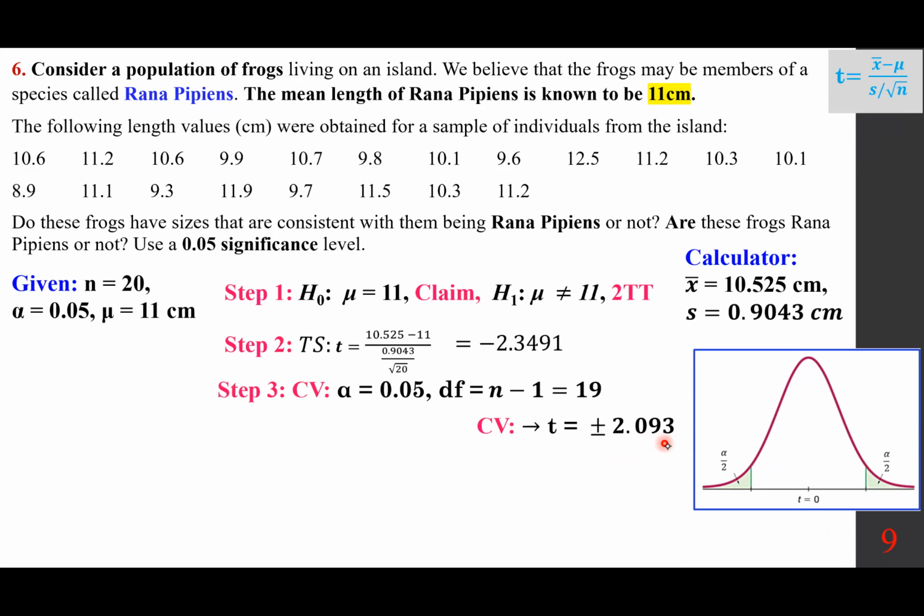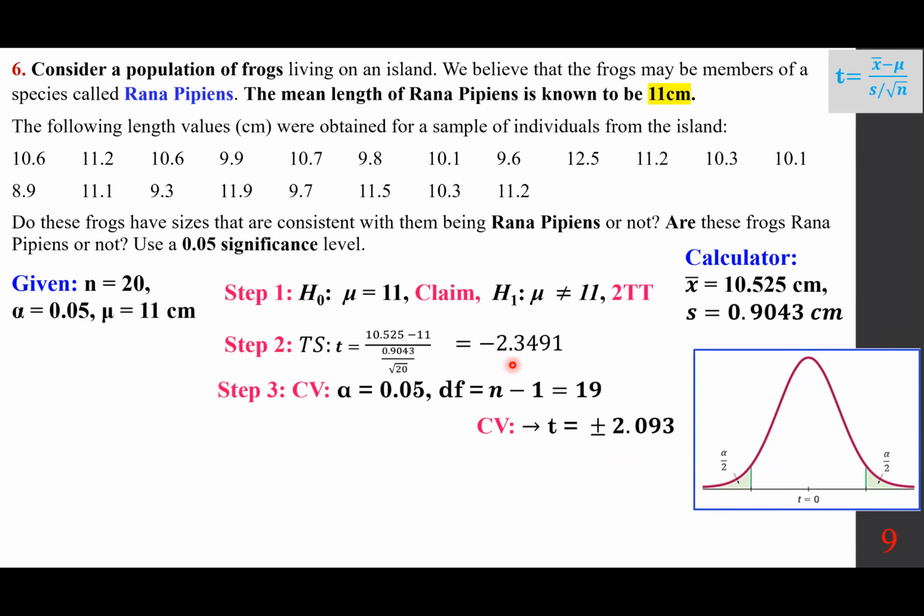I want you to notice it's a two-tailed test, so half of alpha goes in each tail. That means this is 0.05 divided by 2, or 0.025. This is negative 2.093, and this is positive 2.093.